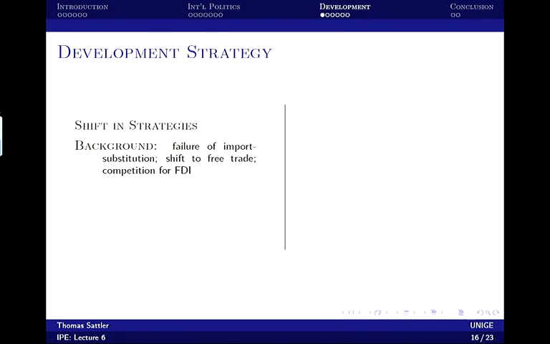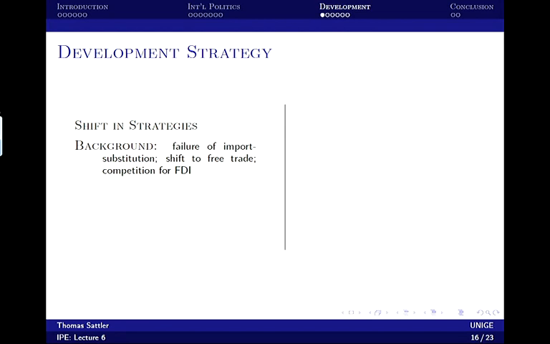And here the development strategy is crucial. And we're going to talk more about this in the next session in 2 weeks when we talk about development and trade. But the important thing to note here is that there was a major shift in the development strategy in the 1980s from what's called import substitution to export orientation.